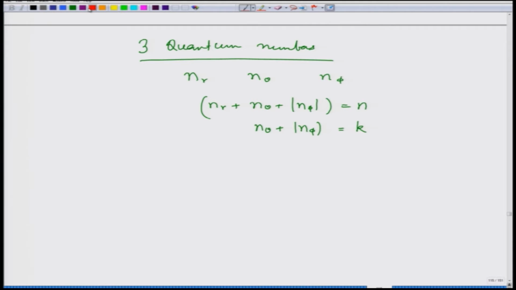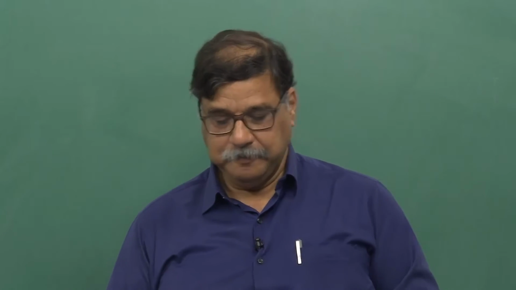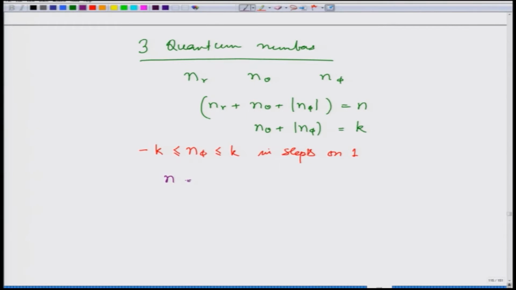Then the conditions on these numbers were that n_φ varied from -k to k in steps of 1, because the angular momentum or its component was k times ħ, and it could vary in steps of 1. Also, n for a given k took values k, k+1, k+2 and so on, up to k+n_r.